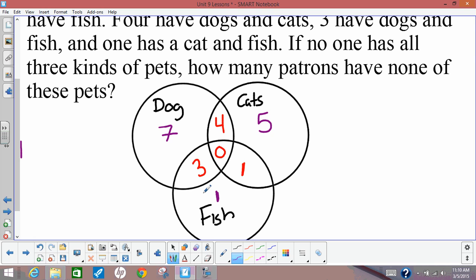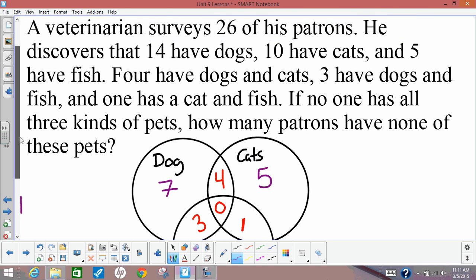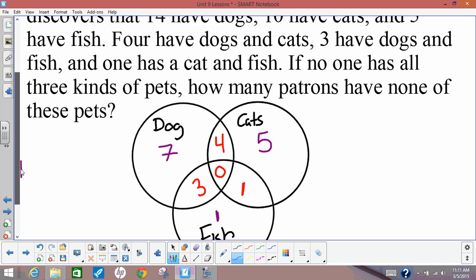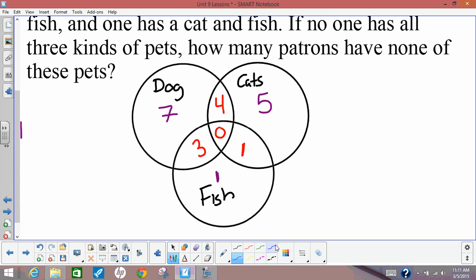So now in the end, we want to know how many people don't have dogs, cats, or fish. Maybe they have lizards or some other type of pet. We originally had 26 people who go to the vet. Let's count up all these in here to figure out how many people have these 3 kinds of pets. So we got 10, 14, 15, 20, 21.